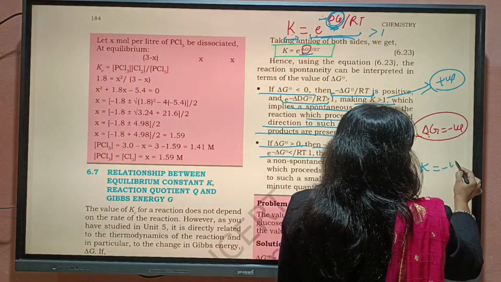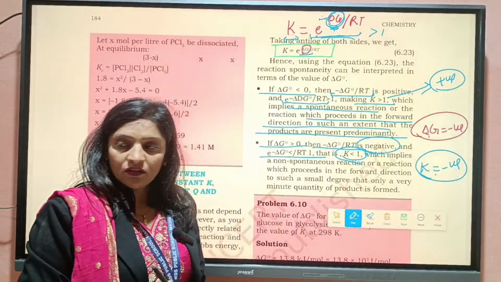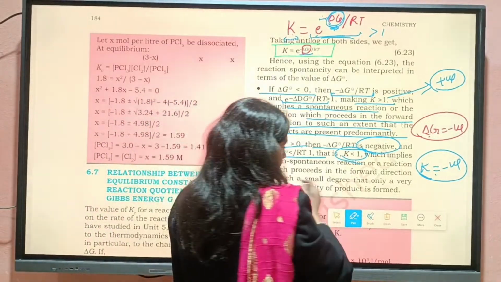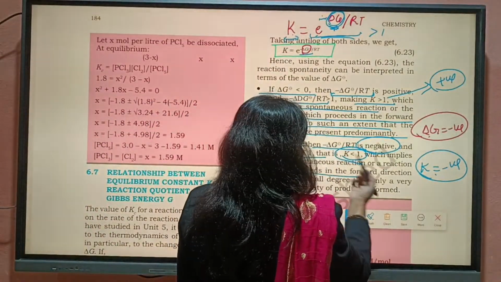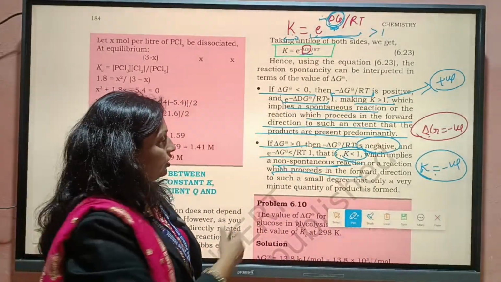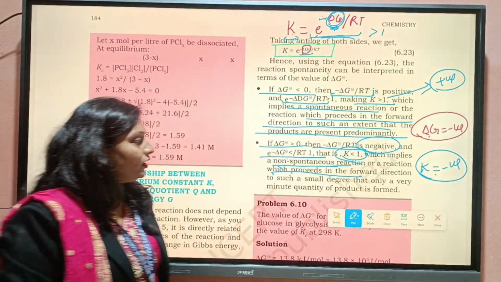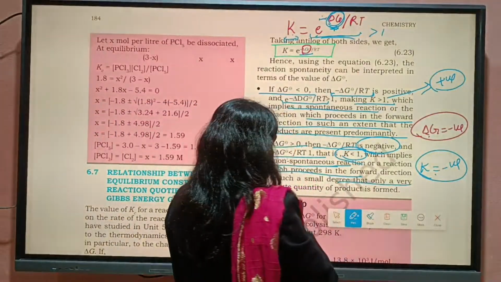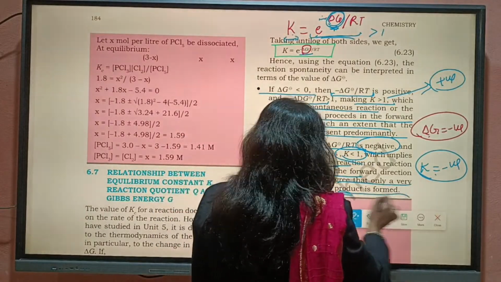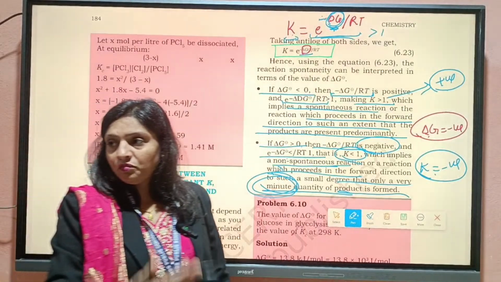And if it is negative, our reaction will be non-spontaneous. Clear? So here the product will be minute because the reaction is not taking place.